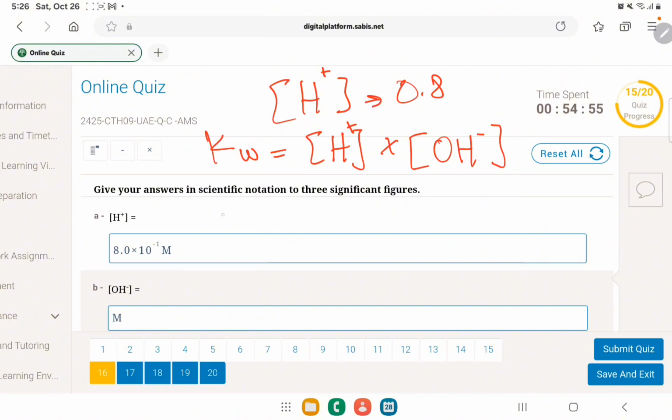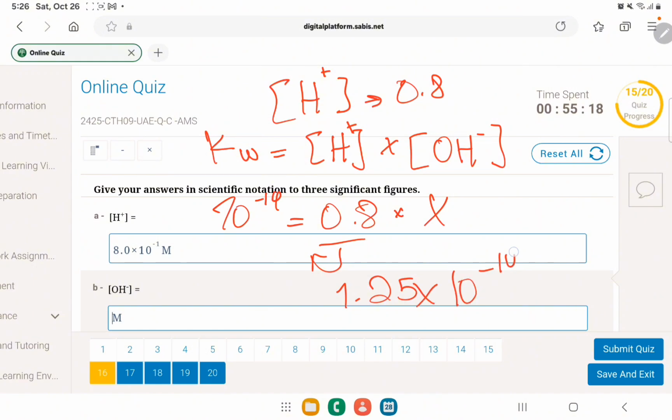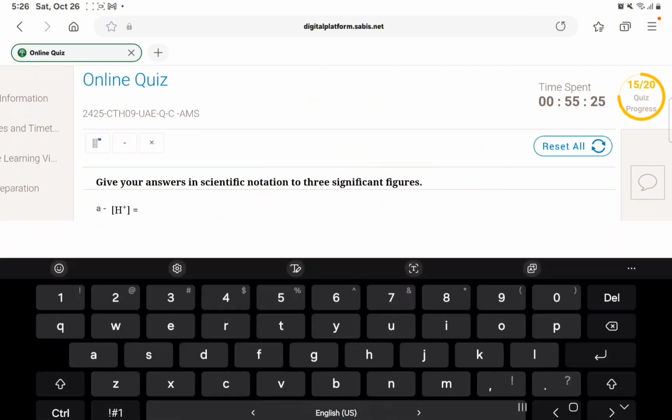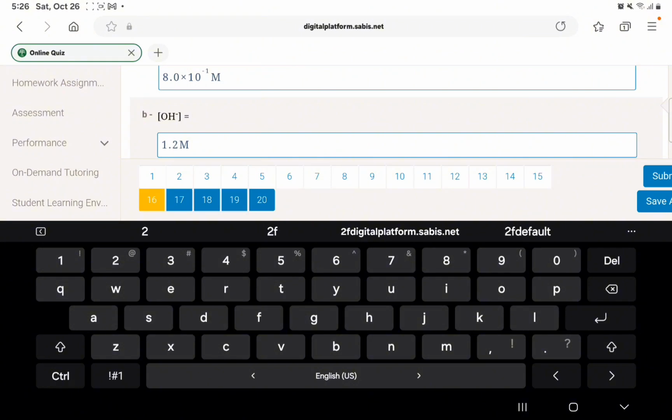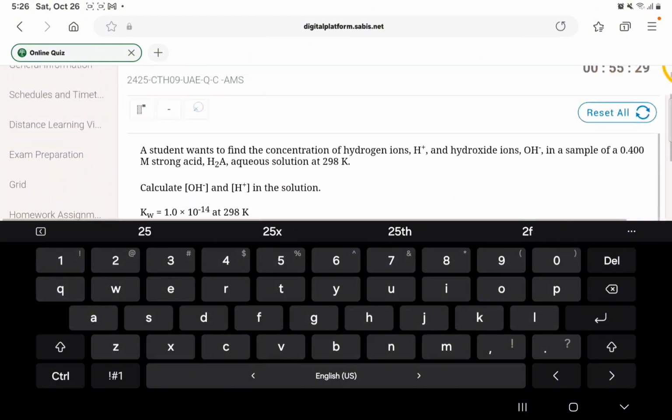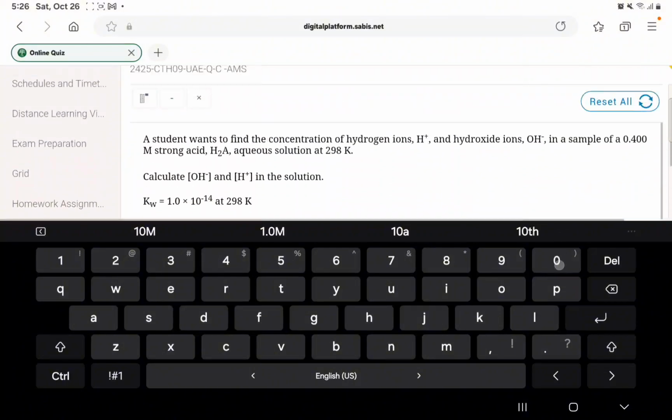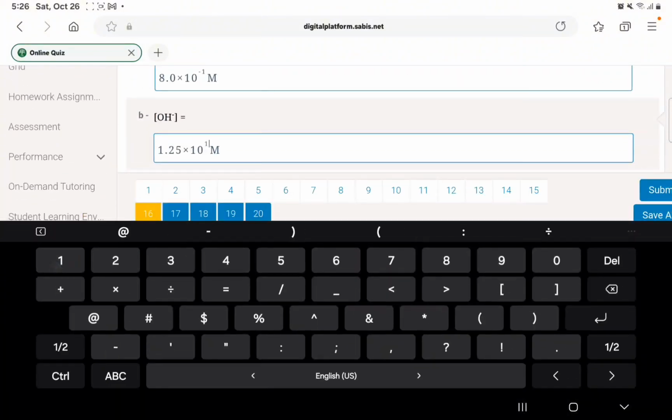So 10 to the power of negative 14 is equal to 0.8 times X. We put 0.8 on the other side, and the answer is 1.25 times 10 to the power of negative 14.